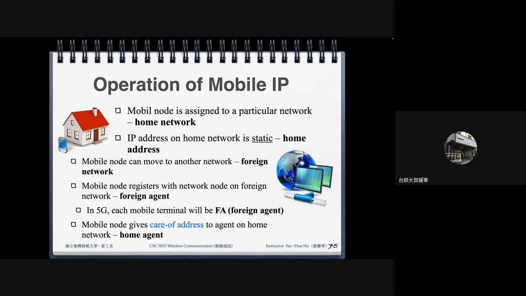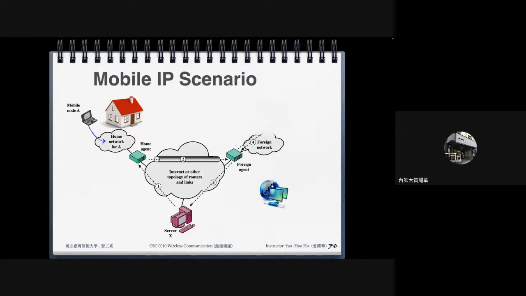In the 5th generation, the foreign agent is the mobile device itself. Then at the foreign network, you will have what we call a care of address. At the foreign network, you need to contact the home agent by giving this care of address. Once you give this care of address, the node has moved into a foreign network.